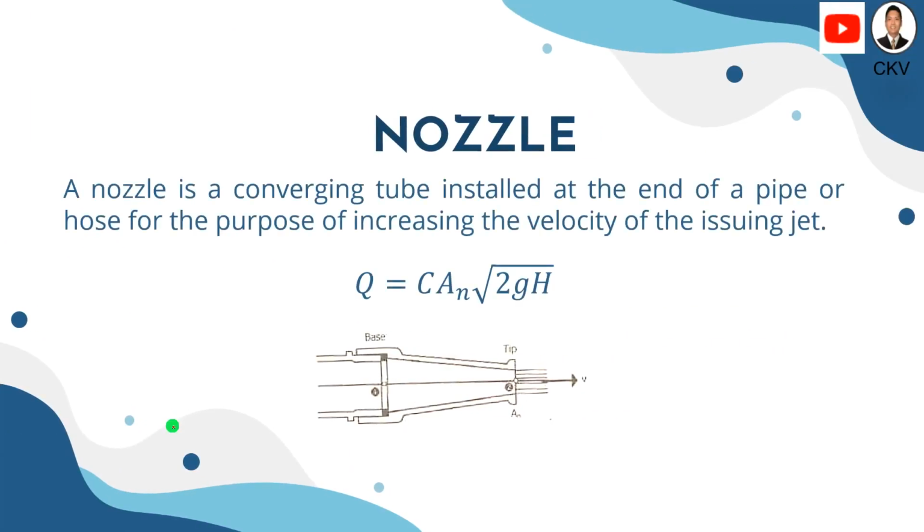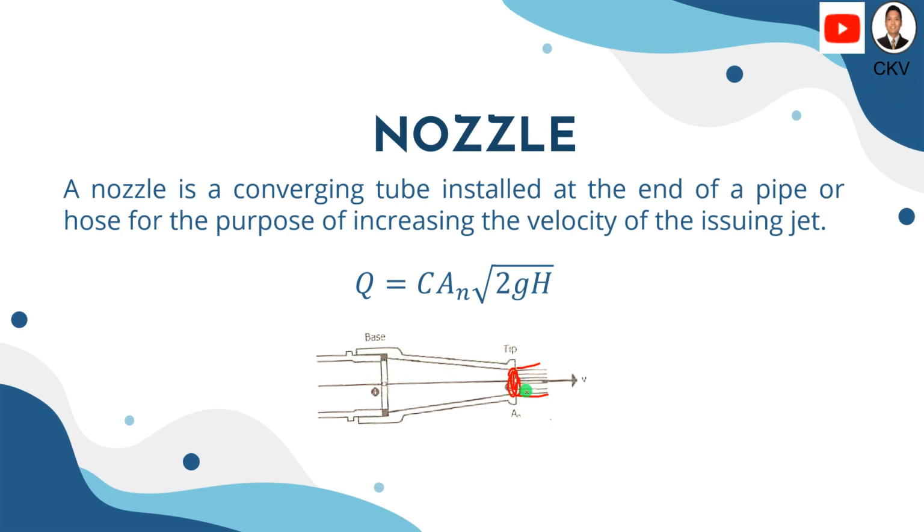Next is the nozzle. The nozzle is a converging tube installed at the end of a pipe or hose for the purpose of increasing the velocity of the issuing jet. So same purpose as the orifice. A nozzle has an opening that has similar characteristics as an orifice.